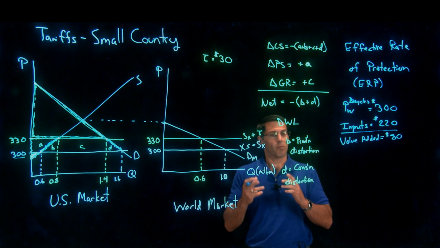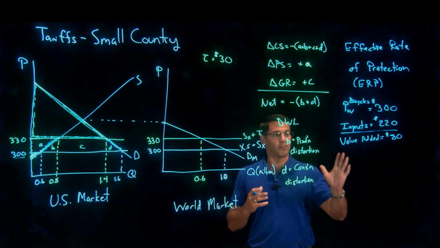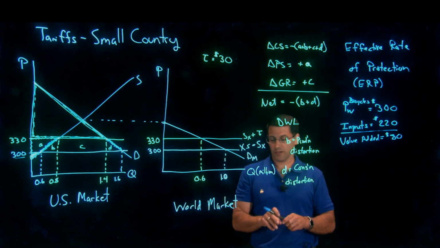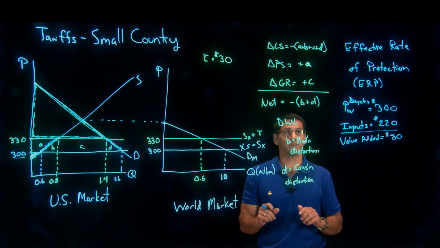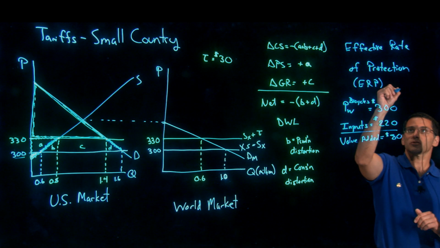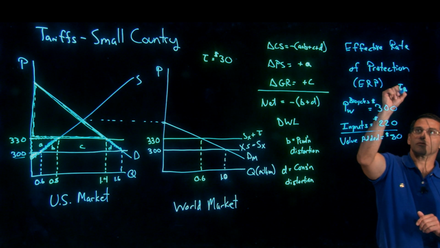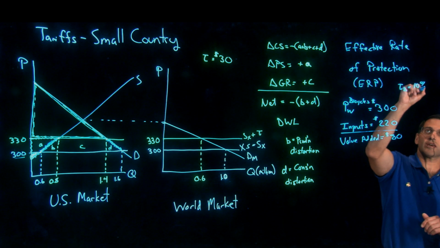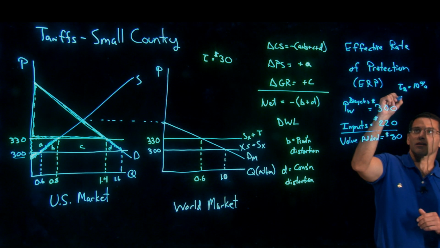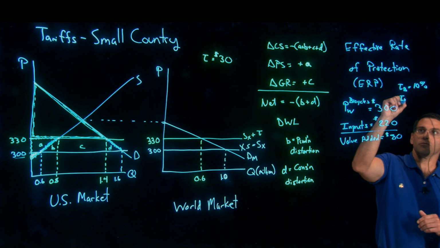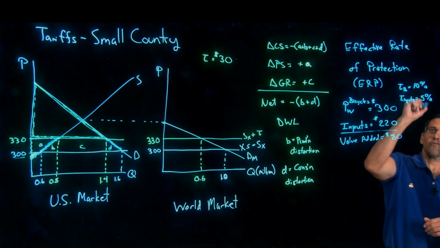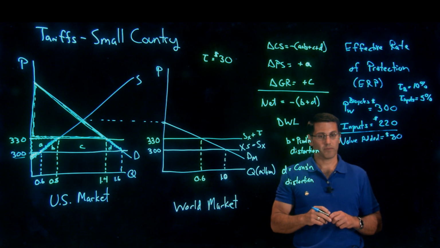Now, how does the value added change if we have, as we do here, a 10% tariff on the bicycles? And for this example, it is much easier to do this just with percentages. Let's say that all of the inputs have a 5% tariff.